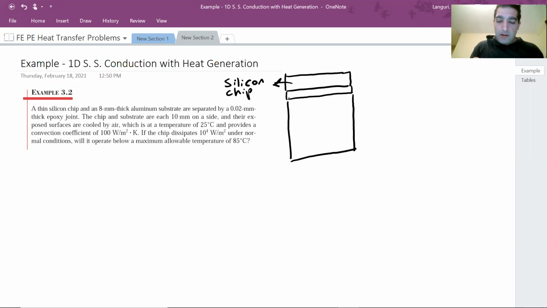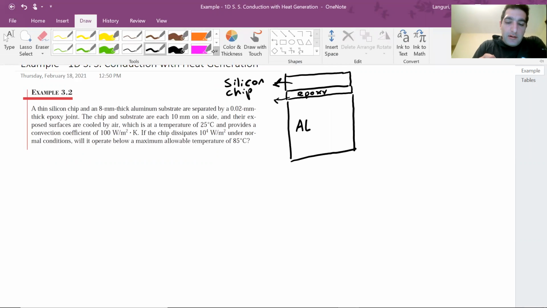This is the epoxy. And underneath you have the aluminum substrate. So each layer is shown like this. The thickness is given, and we know we have heat generation inside the chip.